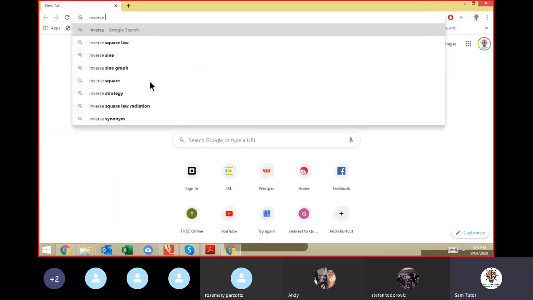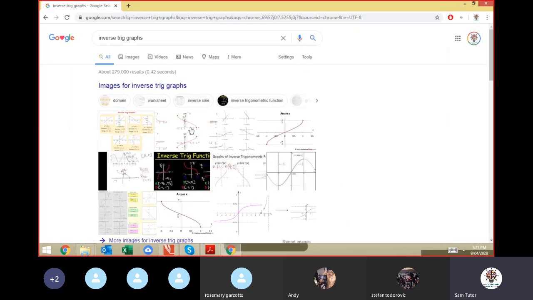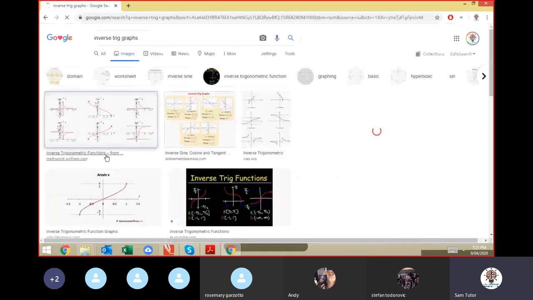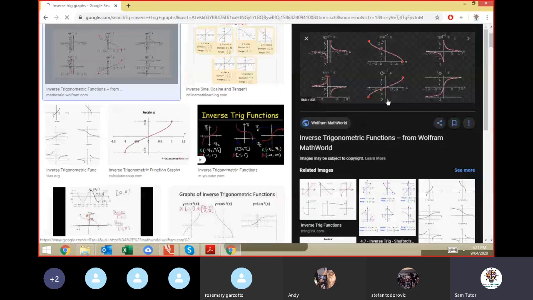Inverse trig graphs. Negative 90, so negative pi on 2 to pi on 2, and this one's from 0 to pi. That's all I needed.